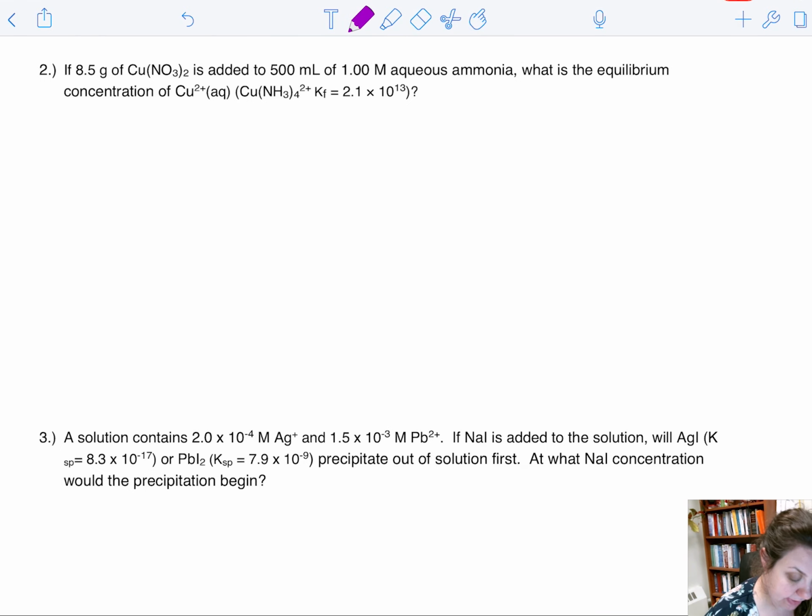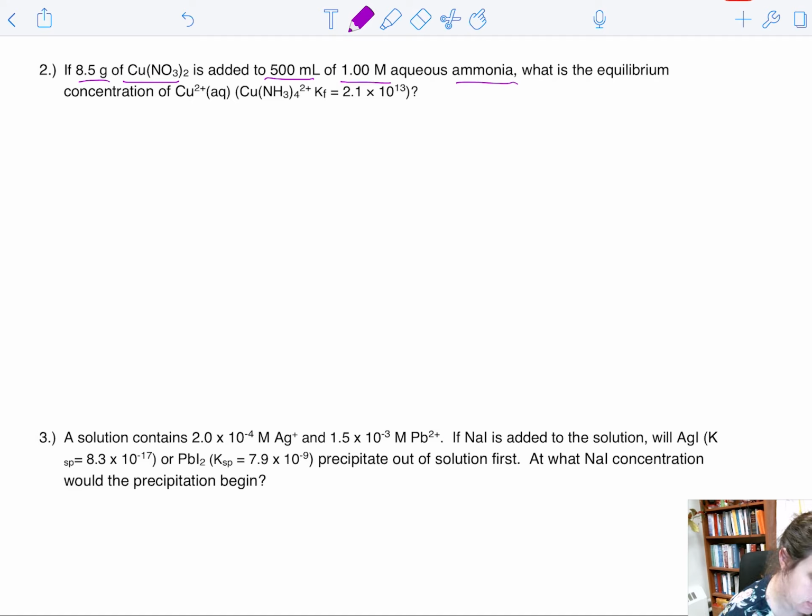Okay, let's try these last two. These last two are dealing with complex ions. So we're looking at how adding ammonia in will affect our concentrations. So we've got copper nitrate. We have 8.5 grams of copper nitrate added to 500 milliliters of 1 molar aqueous ammonia.